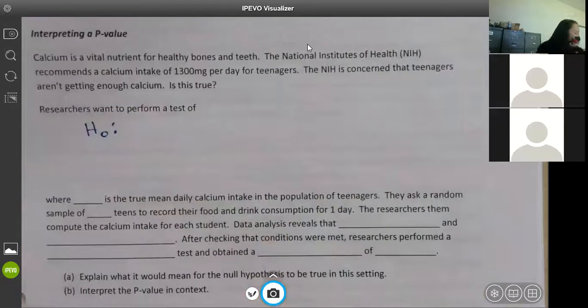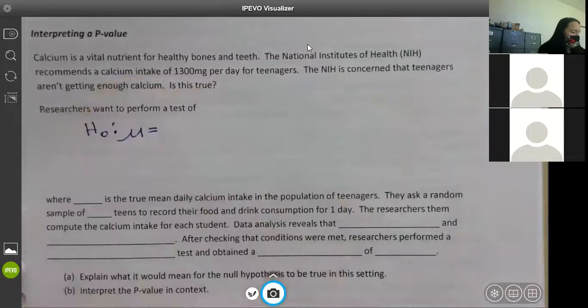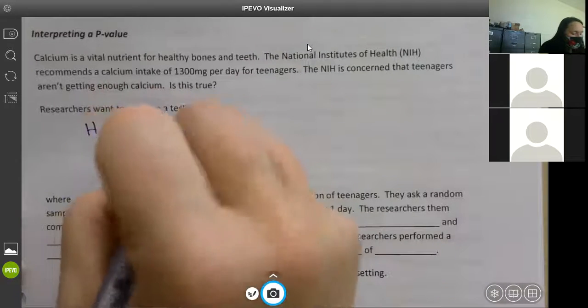What is our hypothesis? First of all, do we have a mean or proportion? We don't see any percents, right? So it's got to be a mean. What should they get? 1,300.